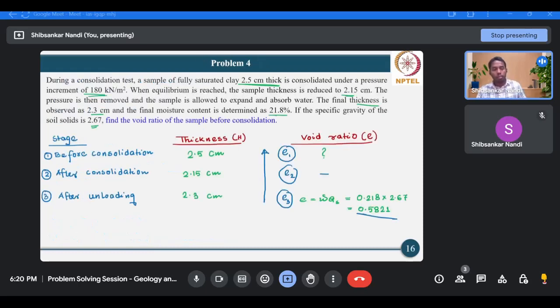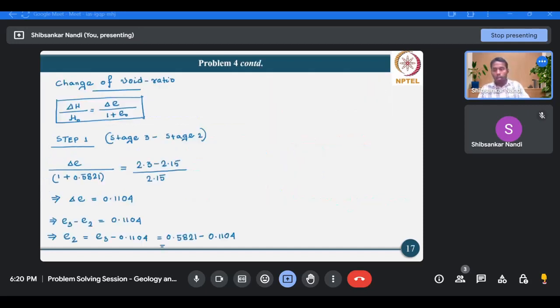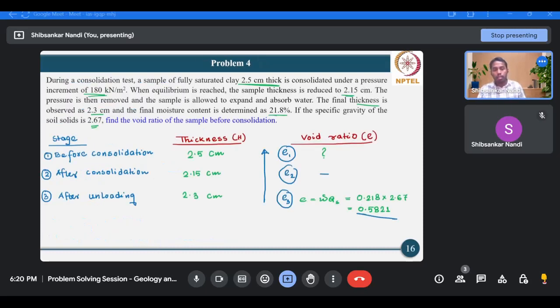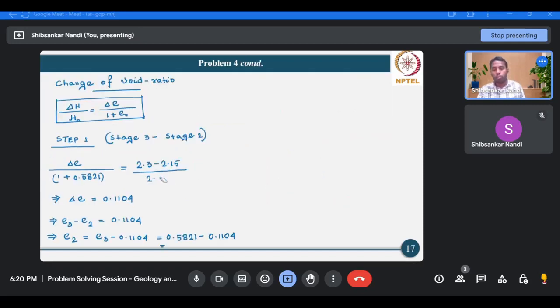Let me check once whether I made a mistake or not. So 0.218 into 2.67, so this is 0.5821. Now 2.3 minus 2.15 divided by 2.3. Here I made a mistake because the reference thickness here is 2.3, not 2.15. So please correct it.